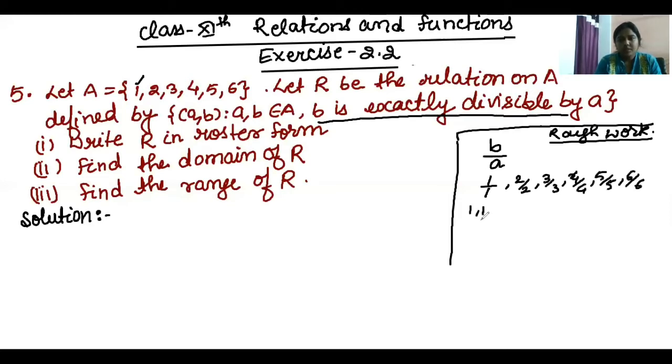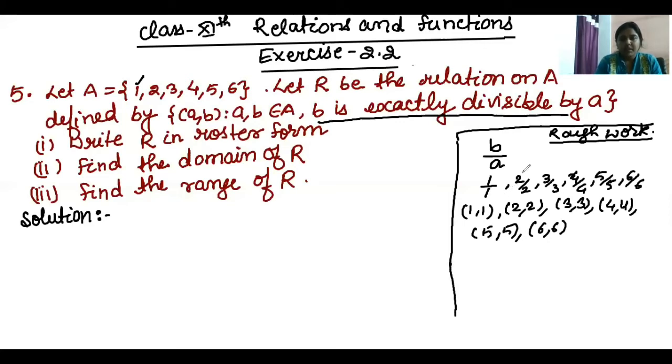So (1, 1), (2, 2), (3, 3), (4, 4), (5, 5) and (6, 6). Now next we will observe here 4 is exactly divisible by 2, so we can write here (2, 4).